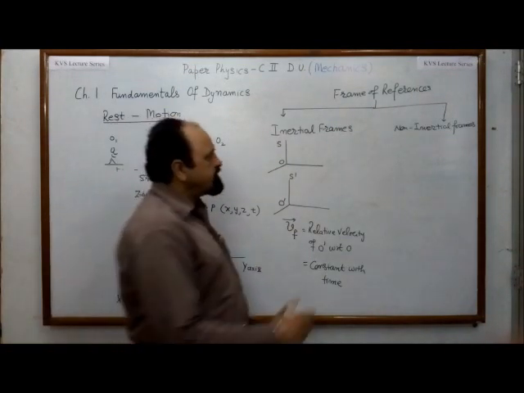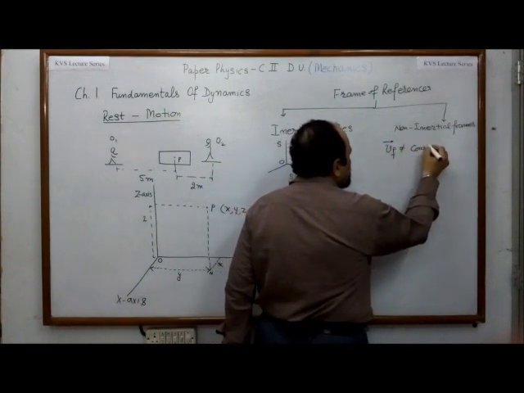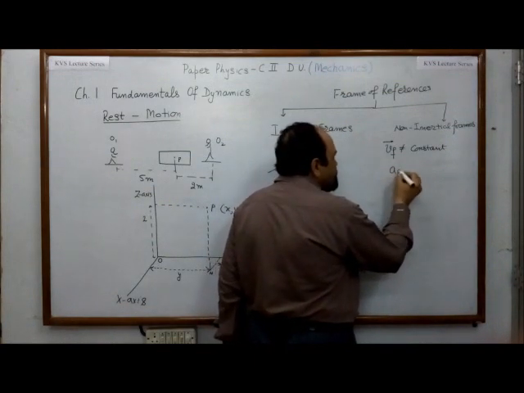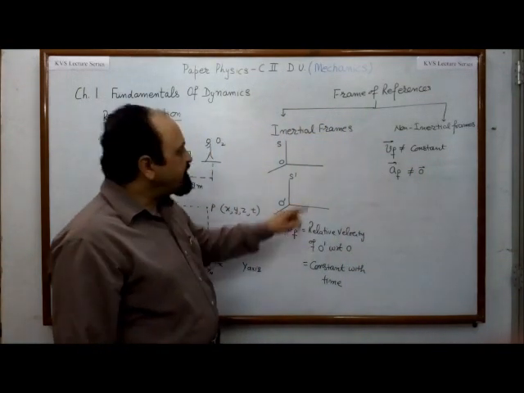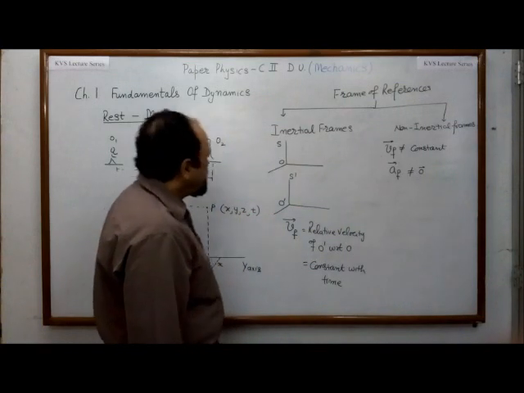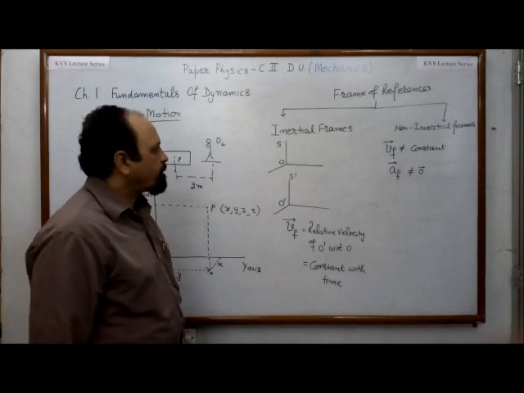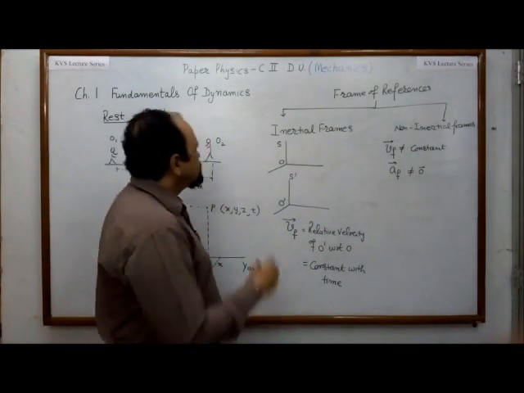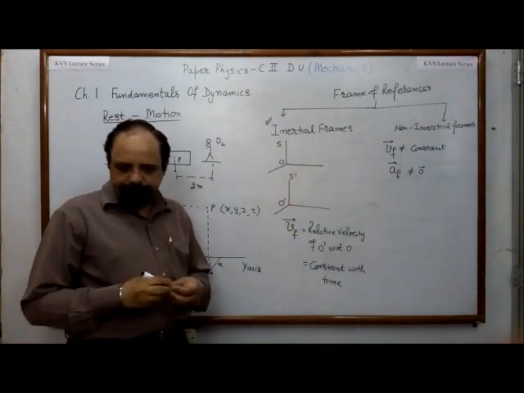But if this relative velocity is not constant, or rather I have a relative acceleration which is non-zero, I say the frames are non-inertial frames. Primarily we are talking about the inertial frames. Of course, at the end we'll also describe the non-inertial frame. So let's focus on inertial frames presently.